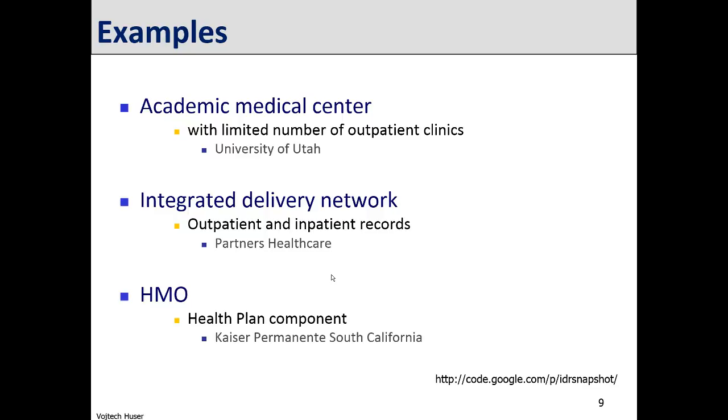It could be a large integrated delivery network, something like Partners Healthcare, or I would say always the ultimate data set for most research questions is similar to maybe Kaiser Permanente in Southern California, where there is a health plan component in addition to a very comprehensive delivery network.